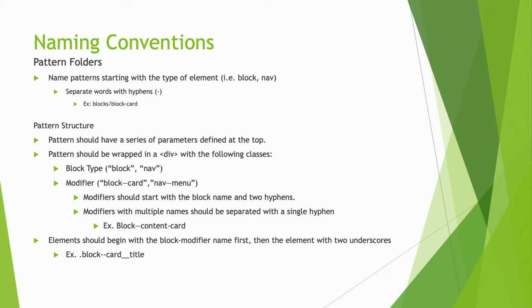Elements should begin with the block modifier name first, then the element with two underscores, for example block--card__title. With this naming convention from the beginning, we were very happy that there were no classes in the CSS, and our project moved on so quickly. Everybody could participate.